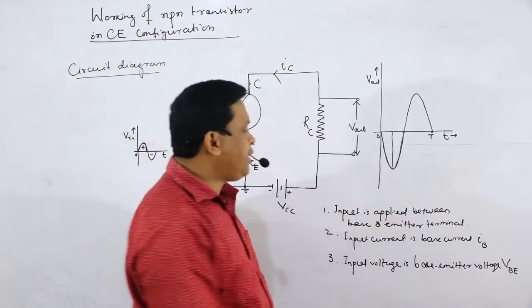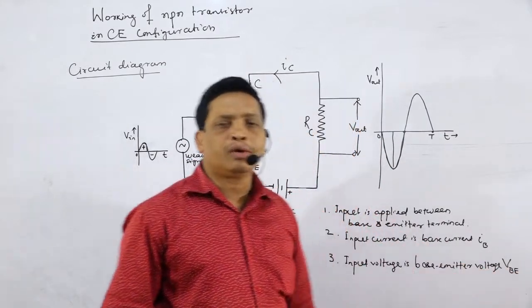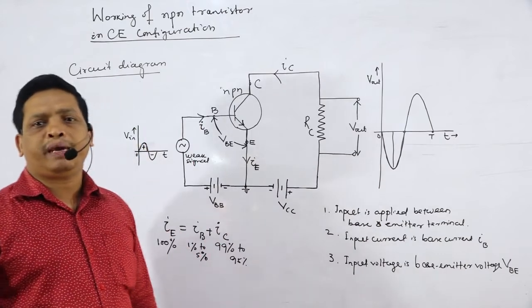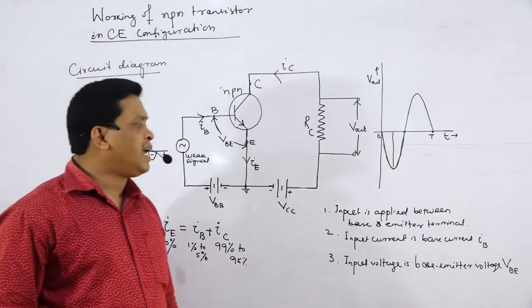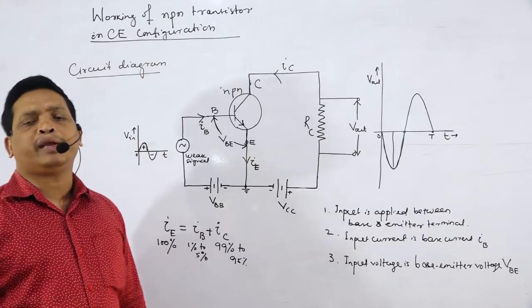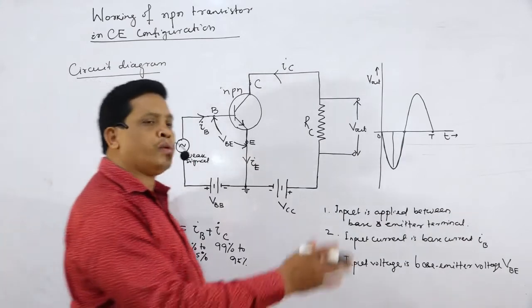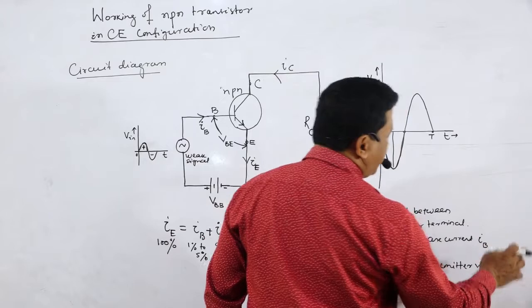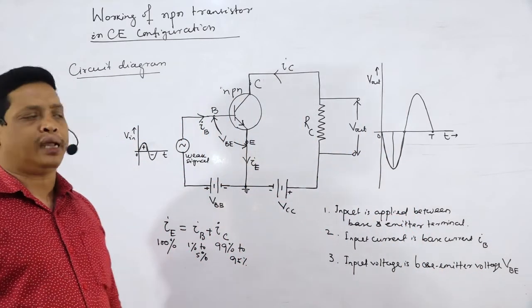The common terminal is emitter, therefore this letter should be at the end. You cannot write VEB, because in this case emitter is common to both input and output. Emitter is the common terminal, so you must write VBE. So input voltage is base emitter voltage.